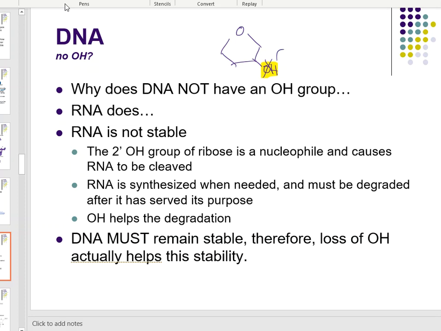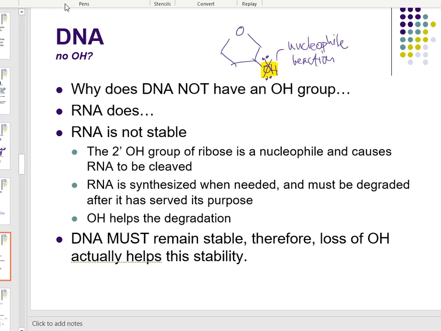The reason is that this OH, if you are in organic chemistry right now, is a nucleophile. It has a negative charge associated with it, and if it does, then a reaction can happen here. This is a traditional alcohol, and that alcohol can be reacted with, and things can go on that you might not want. This will ruin the stability of the DNA when that happens.